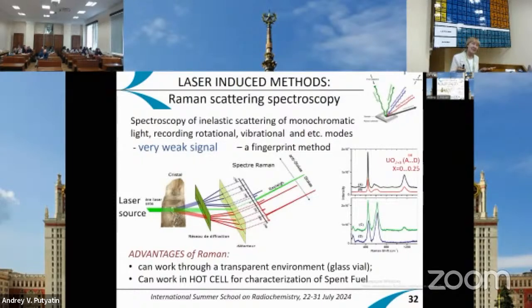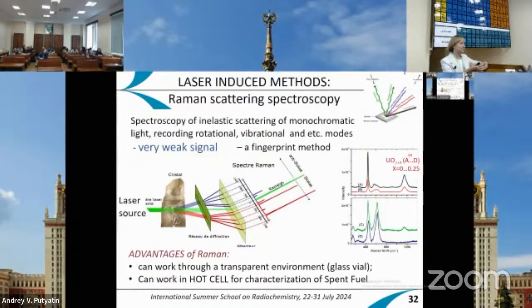The next advantage is that it can work in a hot cell, and we can see this method in Marcoule in France. They use it for spent nuclear fuel characterization just in a hot cell. They have an optical microscope there, and the Raman spectroscopy is outside, and the laser goes by optical wire inside this hot cell, and the signal goes to the Raman spectroscopy.